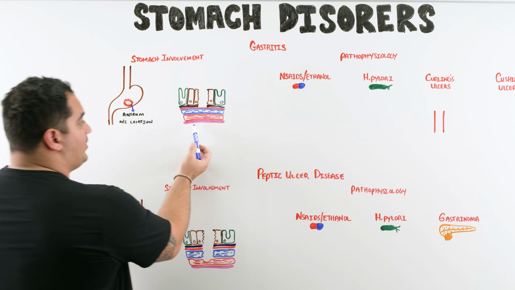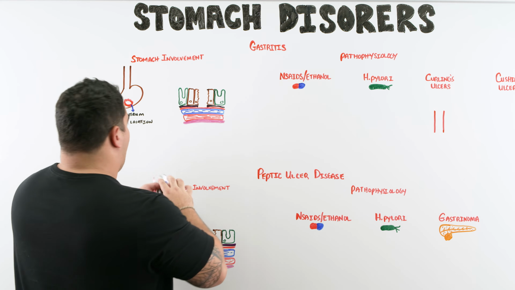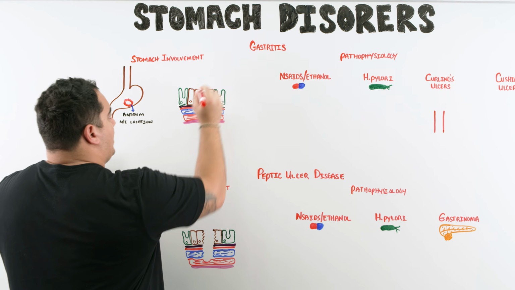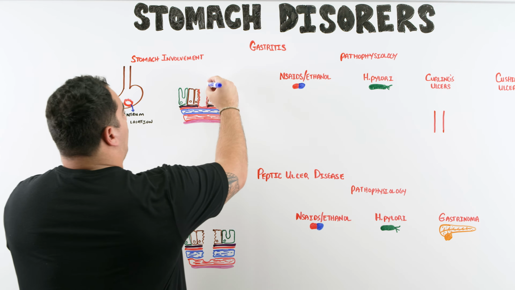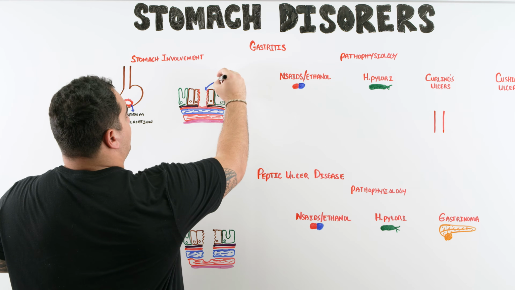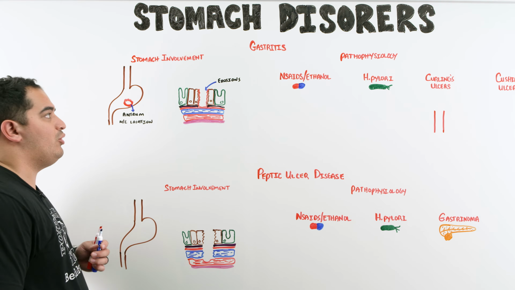Oftentimes when we talk about patients who develop gastritis, it's classified as generalized inflammation that can cause a couple of different things. You may see these small little erosions, and these erosions don't really extend super deep.